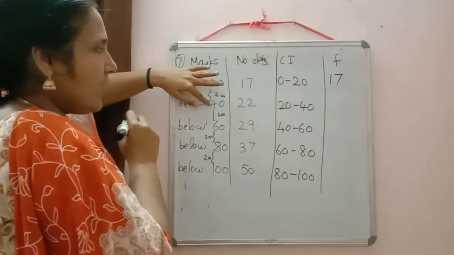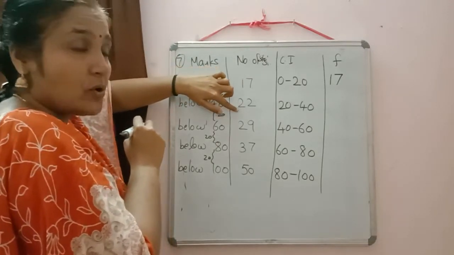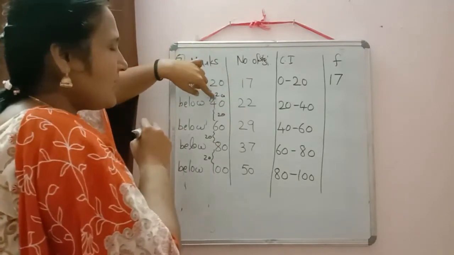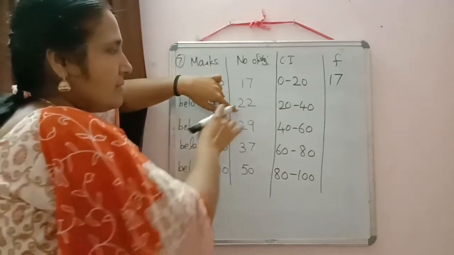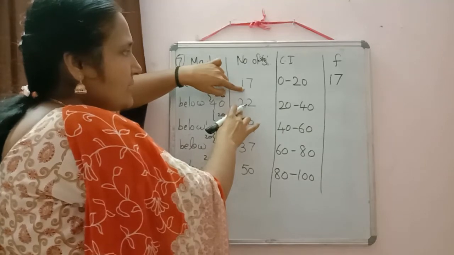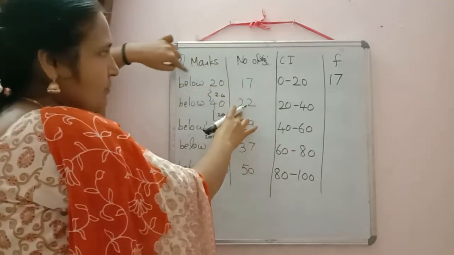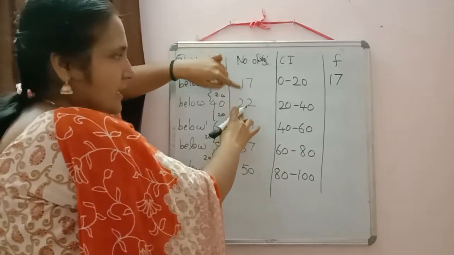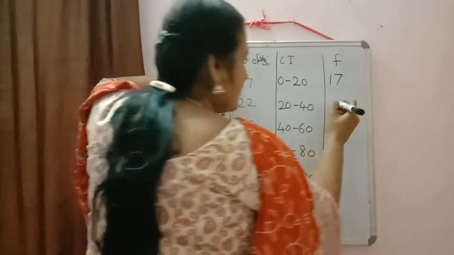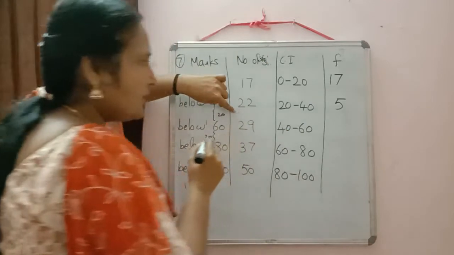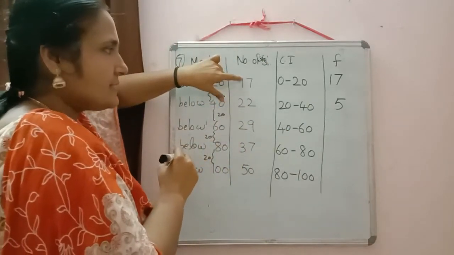Below 40, how many students are there? 22 students are there. But already 17 students we have put in this group. So how many students remain? 22 minus 17, so that will be equal to 5.